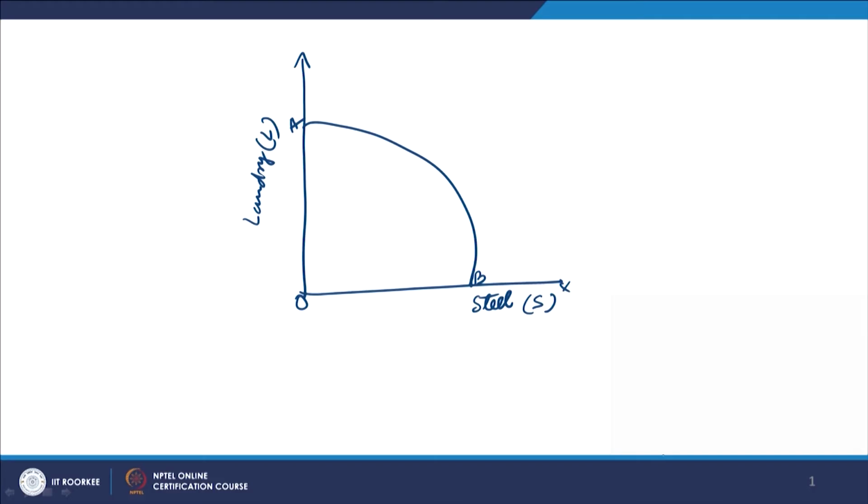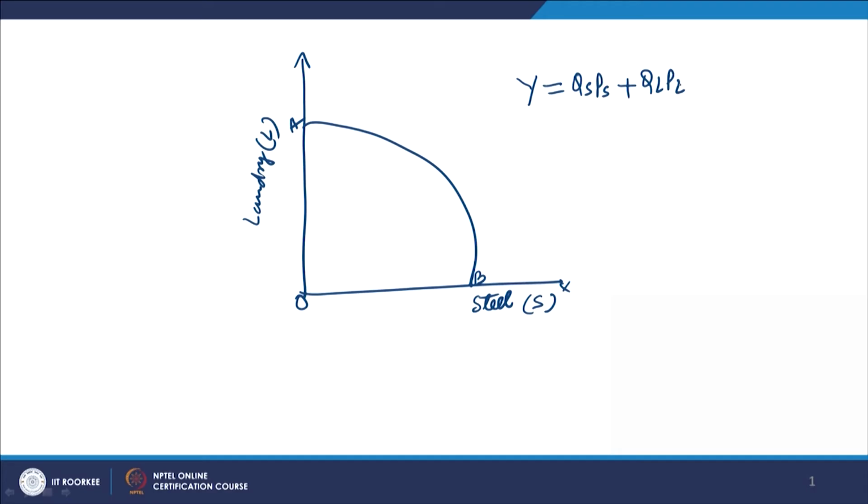If you take the total income generated, that will be y equal to Qs Ps plus QL PL.